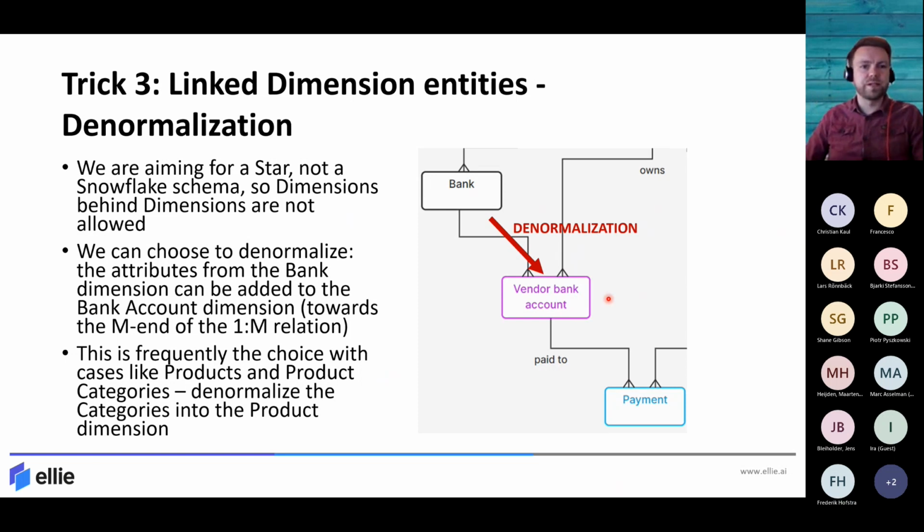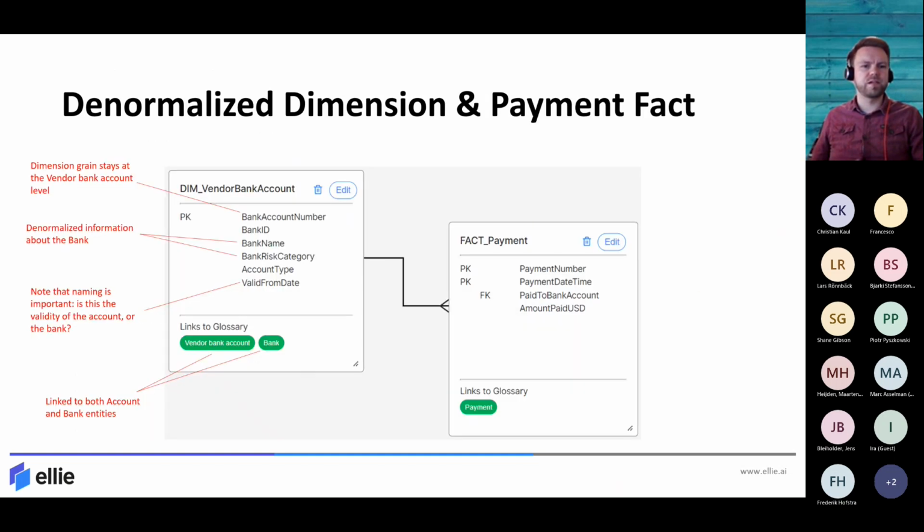This is something that always happens, especially with product and product categories: you're denormalizing the product dimension, you have all the categories, product types and models and whatnot, all denormalized into the product dimension because that's easier to use. So that's just fine. Because there's a one-to-many relationship here, we can squish them together and denormalize stuff here. That's good. And we end up with something like this.